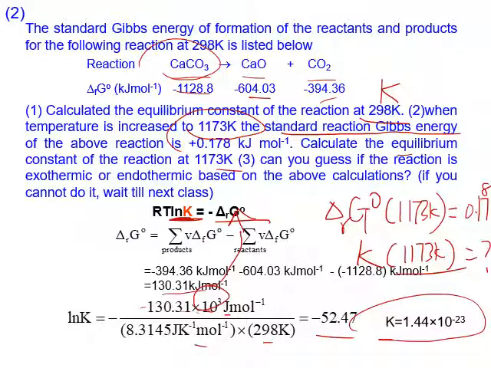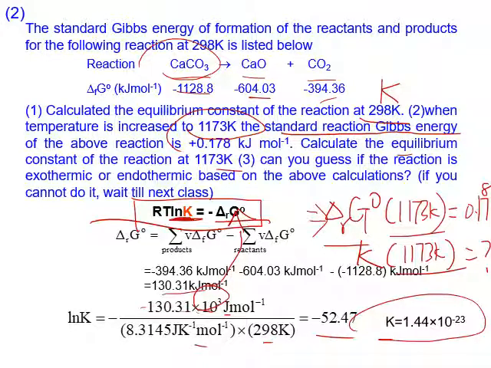Now in class, we derived the Van't Hoff equation, which allows you to calculate the equilibrium constant at a different temperature. That equation is for when you do not have the standard reaction Gibbs energy at a temperature different from room temperature. So if you don't have this one, you have to use the Van't Hoff equation. But if you have this reaction Gibbs energy at 1173 Kelvin, then you just use this equation again.